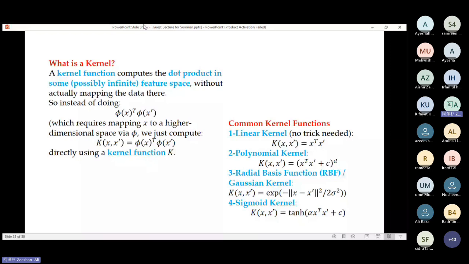Many people have used the polynomial kernel. Many people have used the radial basis function or Gaussian kernel. And those people working in AI or data science have used the sigmoid function, the rectified linear unit, and such kinds of functions.